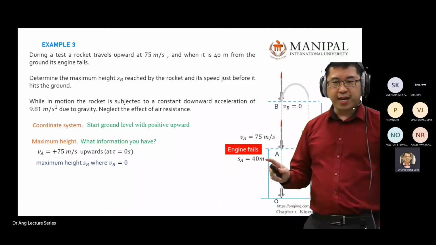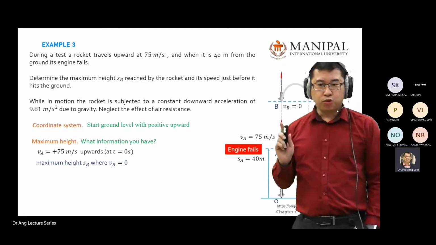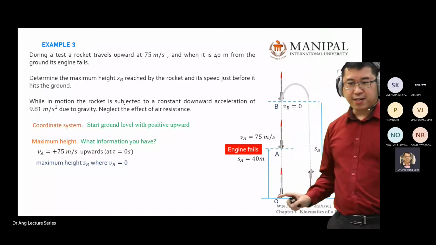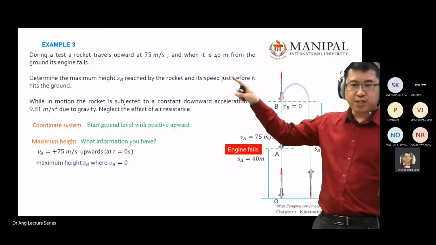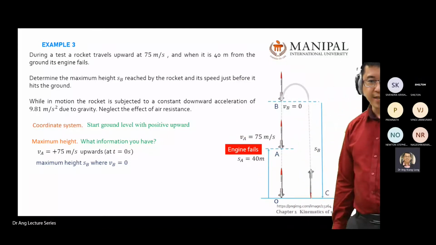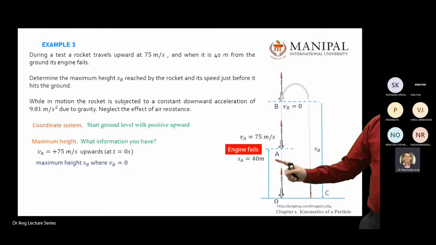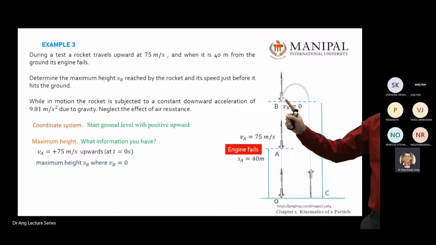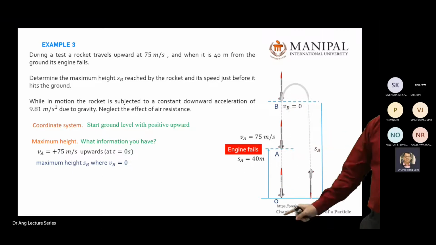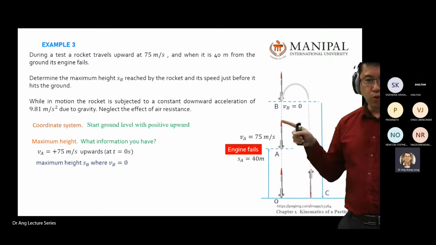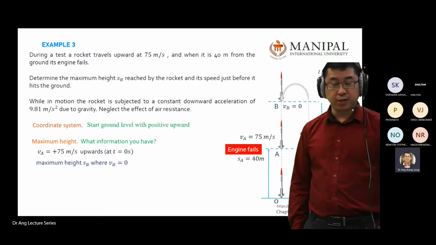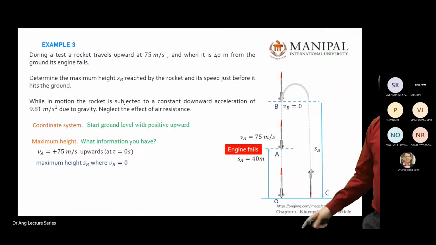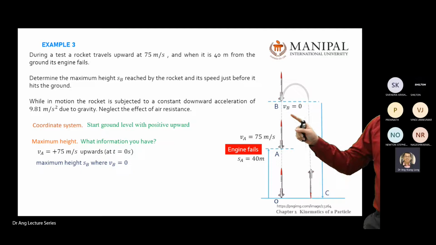So by looking at the three equations that we mentioned before, in example 3 again, although this question doesn't mention the keyword straight line, from the photo that you see here, the rocket moves in a straight line, and then rotates, then goes down in a straight line. Basically, you can use the three equations that we mentioned just now. Choose the one equation where you can fill in the missing information.